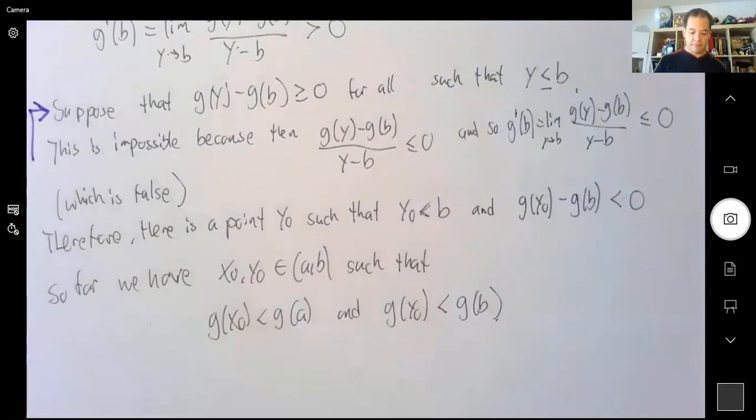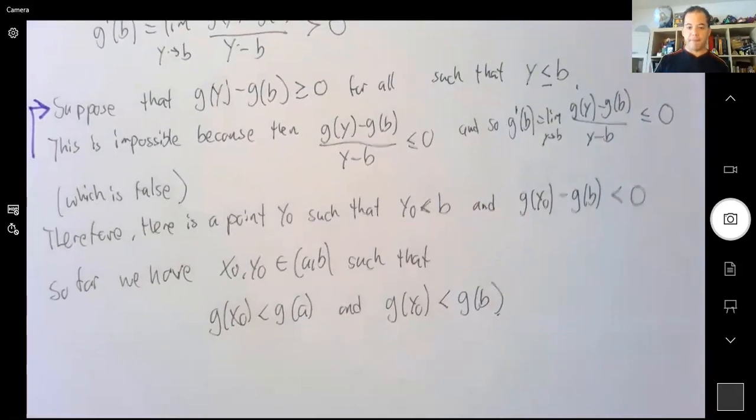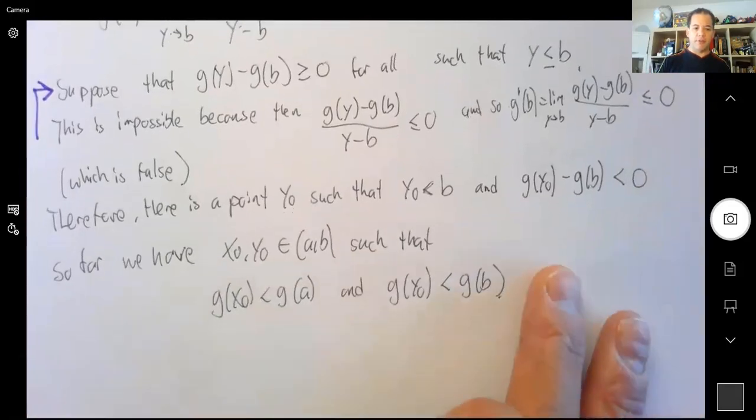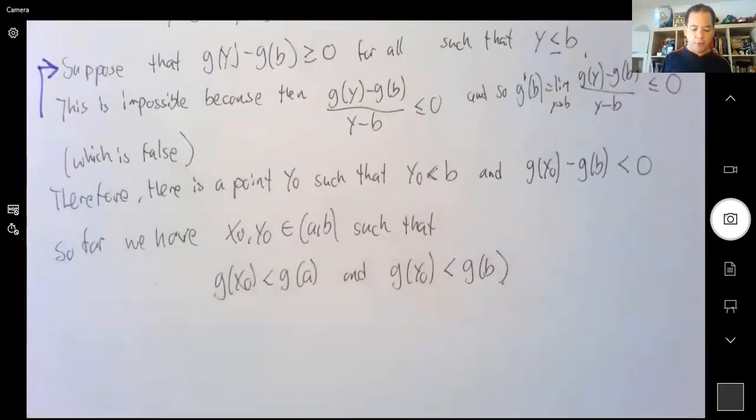Right? Okay. So you may be wondering, where are we going with this, Professor? Okay, so you got these 2 points with these properties, and what's the point?